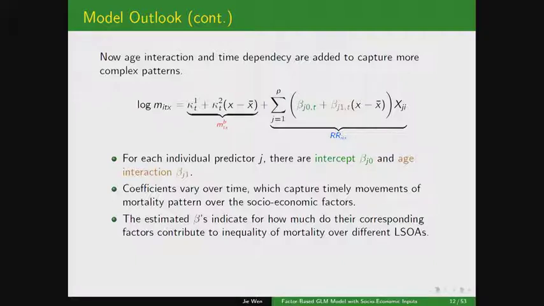First is the intercept, which is the baseline. Second is the age interaction term, which is related to age. By this age interaction, we managed to add an age pattern onto the LSOE level modeling as well. And the next thing is that for the betas here, we add a t, so we enable them to vary over time, which can be considered as a time series.